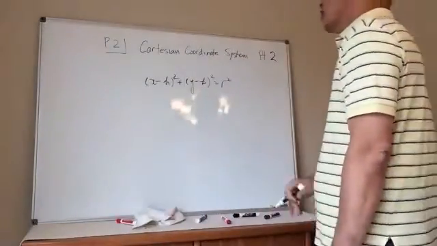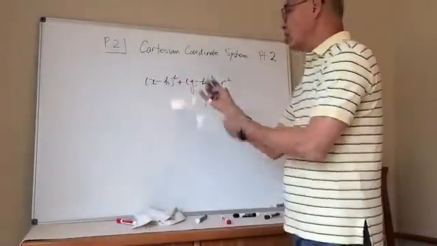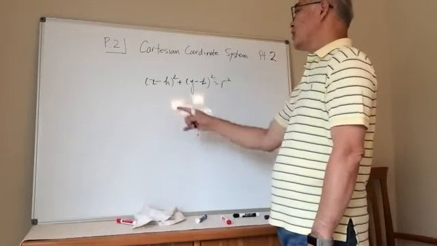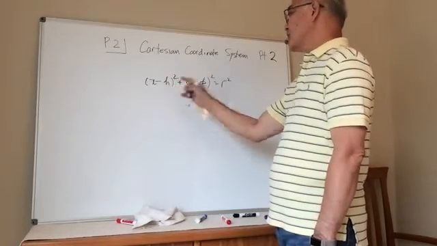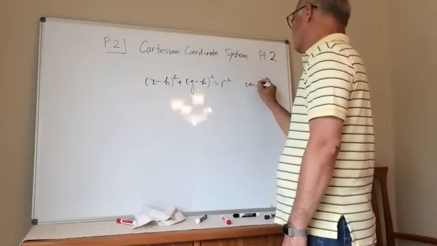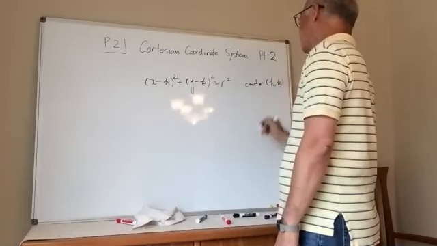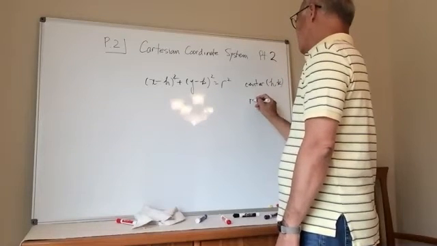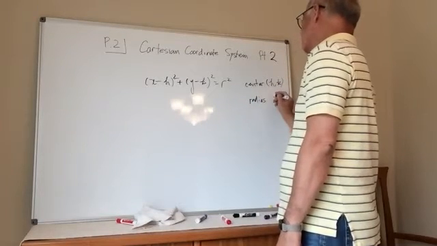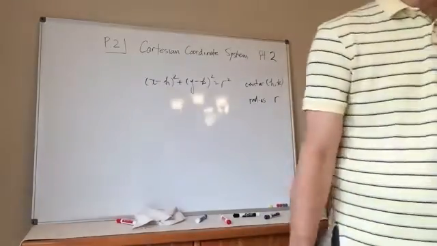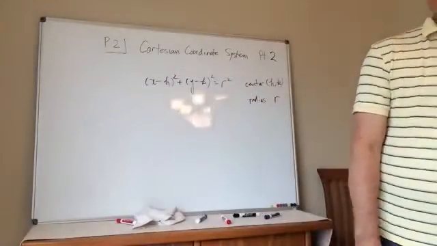This is the standard form of a circle where the center is (h, k) and the radius is r. So this is what the standard circle equation looks like.